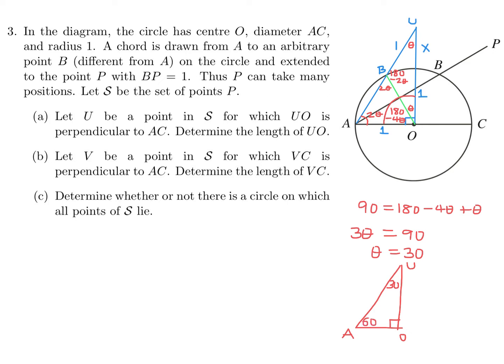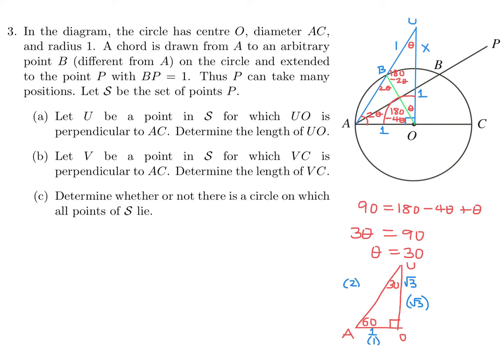Okay, well, the ratio of the sides of any 30, 60, 90 triangle are 1, 2, and root 3. Well, we know that this side is equal to 1 in terms of its actual length. So therefore, this side must be equal to root 3. So the distance from here to here is root 3.